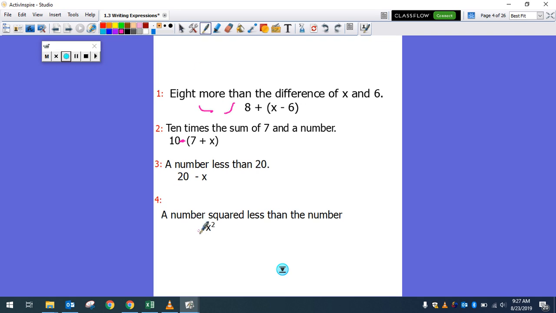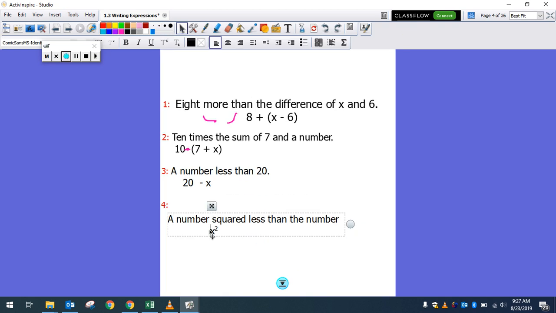It also means we're going to write the answer backwards. So the minus is going to come in the front. And it says less than that same number, the number. So if you see the number, you use a letter. So let's go through this again. A number squared, that's how I got the x squared. Less than meant subtraction, and it means write it backwards. So the number squared goes at the end, and the number goes in the front.